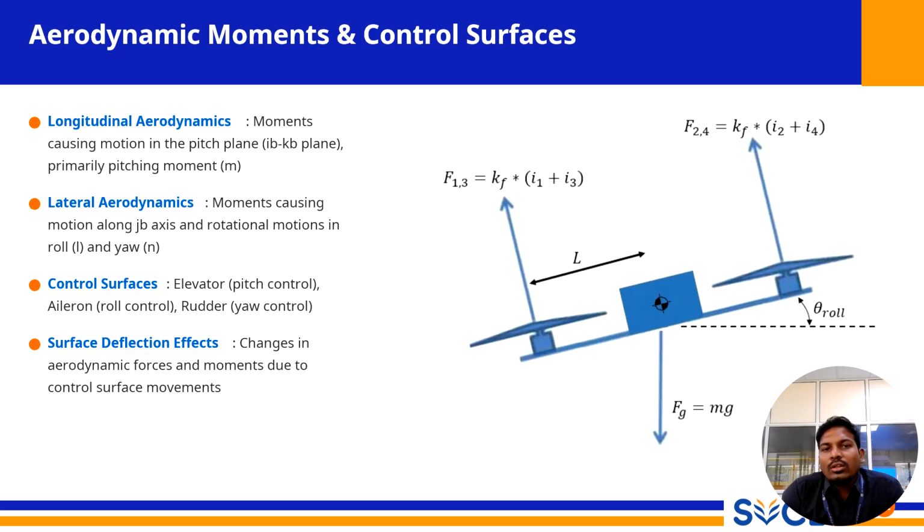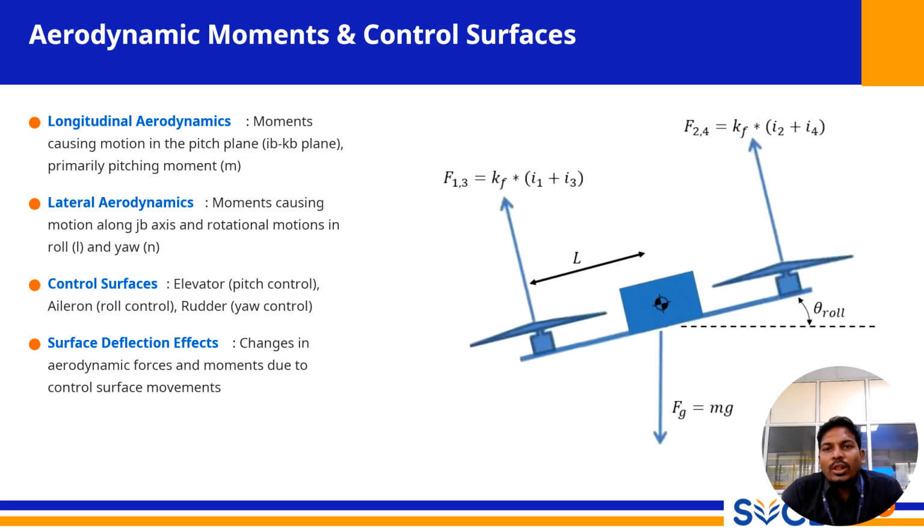To make the drone roll, as indicated by the angle theta roll, the control system would increase the thrust from the motor on one side and decrease the thrust on the opposite side. This creates a net torque, or moment, that rolls the aircraft.